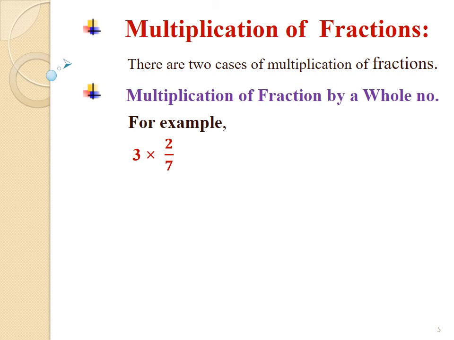For example, 3 multiplied by 2 upon 7. Students, first of all, we will convert whole number 3 into fractional. Thus, converting 3 into fraction, we get 3 upon 1 multiplied by 2 upon 7.